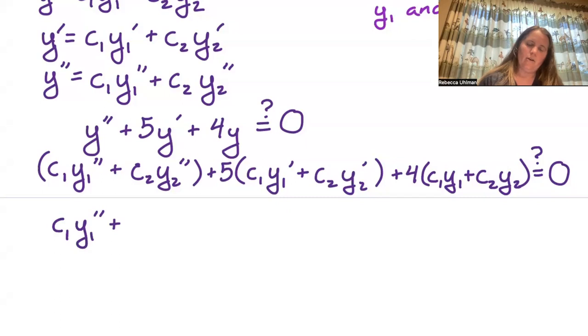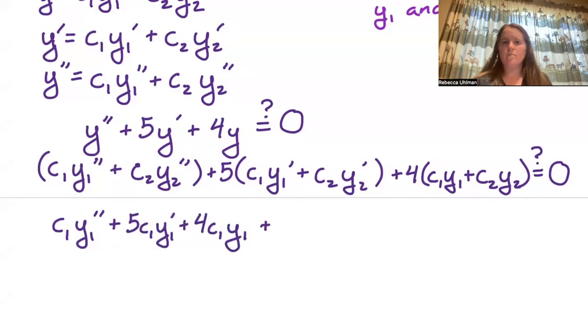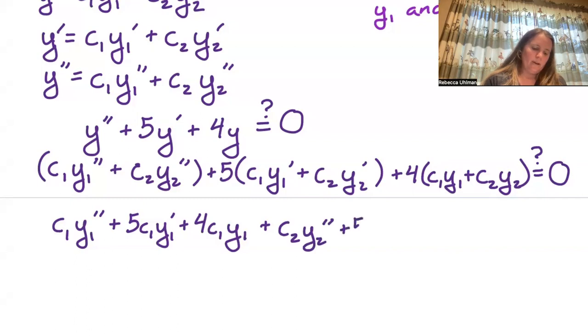And then we have all the c2 terms: c2 y2 double prime plus 5c2 y2 prime plus 4c2 y2.